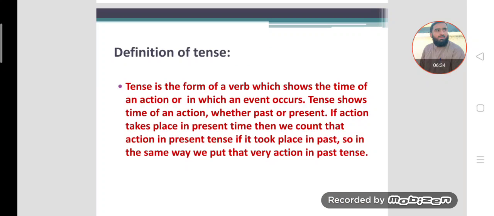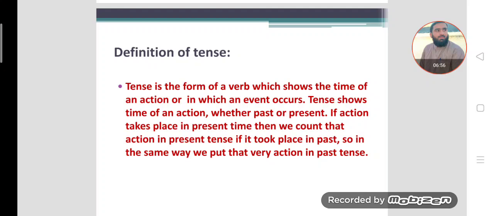Now, what's the definition of tense? Tense is the form of a verb which shows the time of an action or in which time an event occurs. So with the help of tense we know what is the time of an action. Tense shows time of an action, whether past or present.